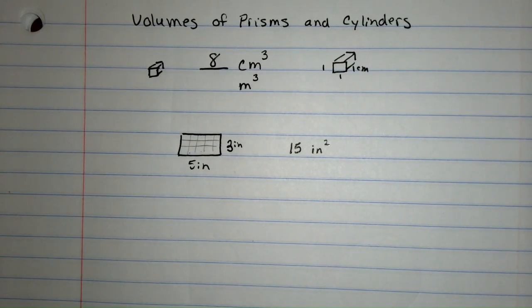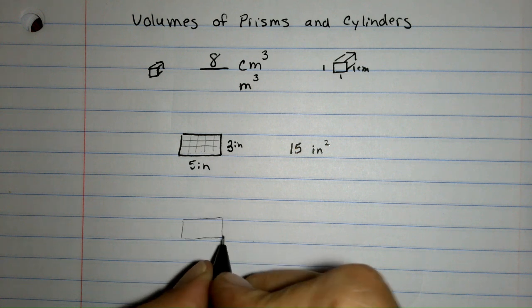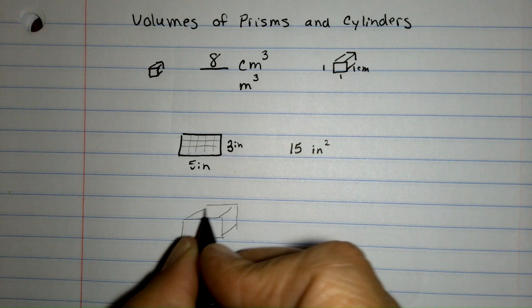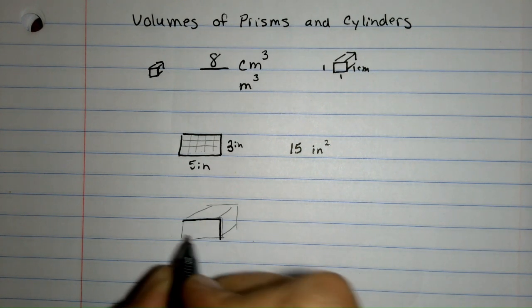Now let's take that same shape, 5 by 3, and give it some depth. Let's make 2 rows of it.